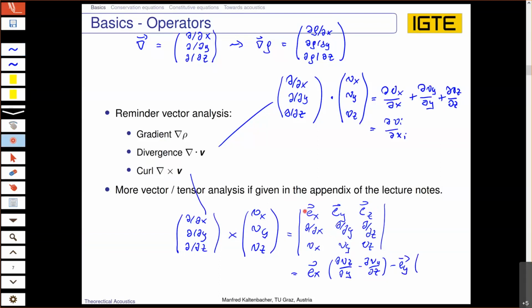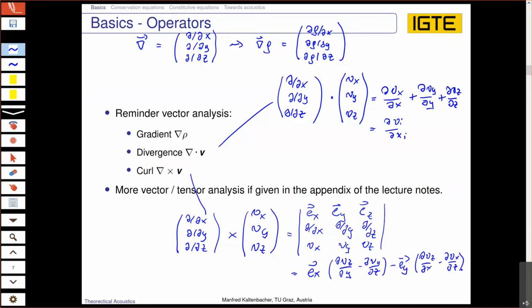So we have here the partial derivative of the z component with respect to x minus the x component of the vector v with respect to z. Okay, let's write it down. So we have dvz dx minus dvx dz.